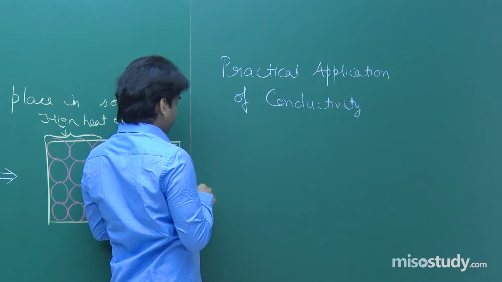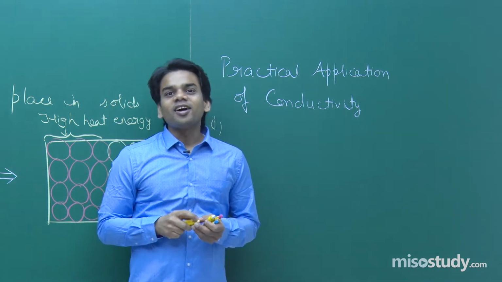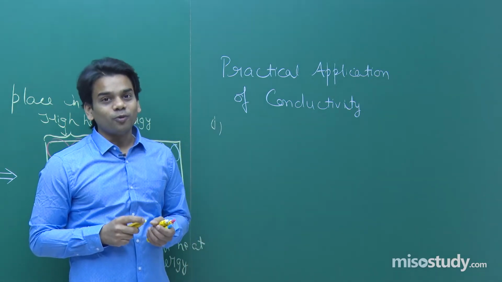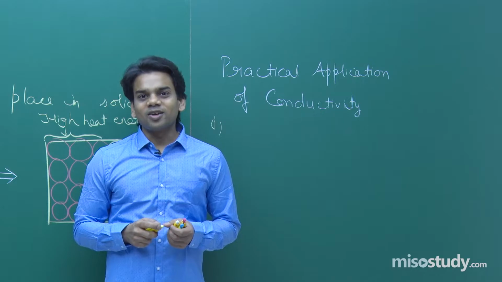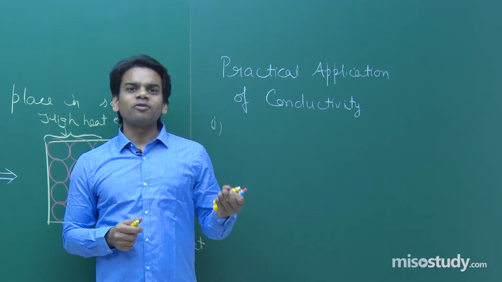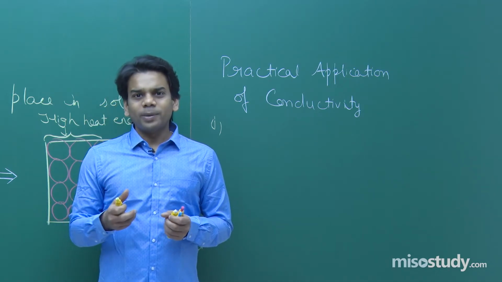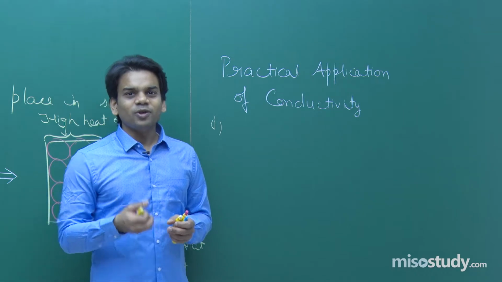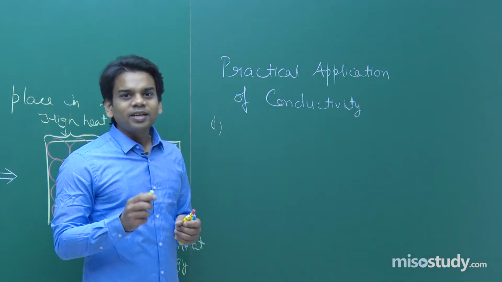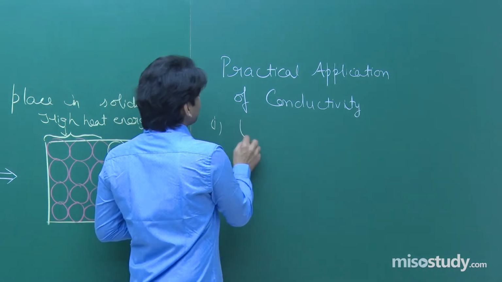First of all, you would have observed that the handles of kitchen utensils are made of wood. Why is that so? Because wood is a bad conductor of heat. So when heat is transmitted from the pan of the utensil to the handle, which is also made of metal but which we cover with wood, heat conductivity will not take place through wood, and you can easily handle the utensil.